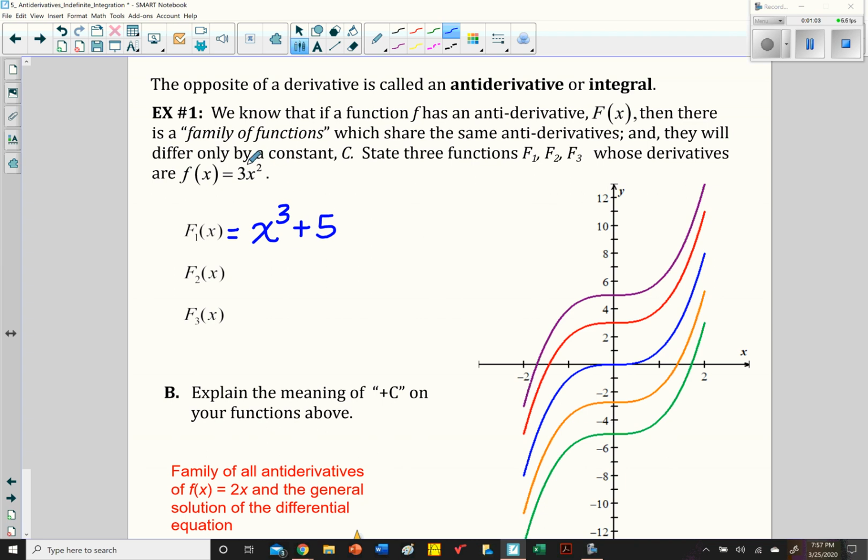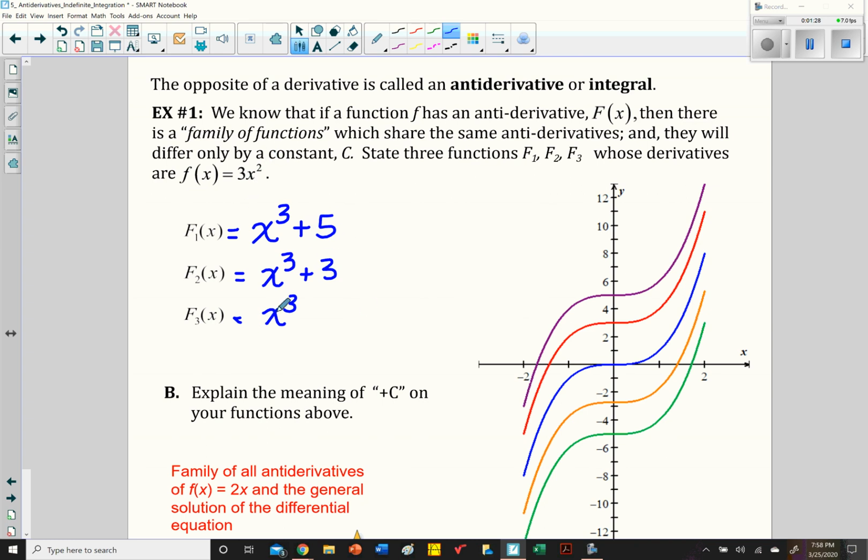The antiderivative is 3x squared. Working our way down, the red graph is an example, a picture of the function x cubed plus 3. And then the blue graph is an example of the family x cubed plus 0. In each case, the derivative is 3x squared.